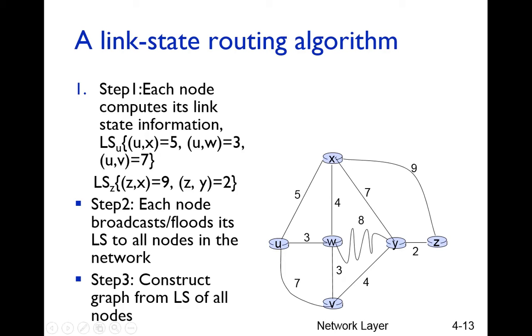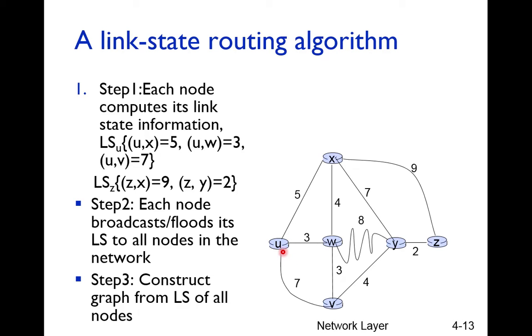In a link state routing algorithm, we have some steps. In step 1, each node computes its link state information. So first, what is link state information? If, for example, I am considering node u, what are its links? Its links are ux, uw, uz.